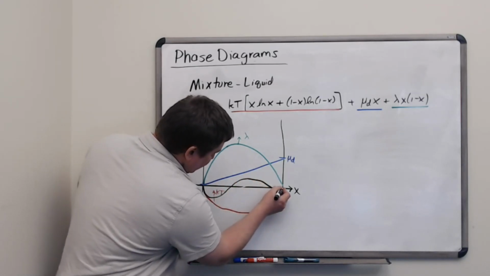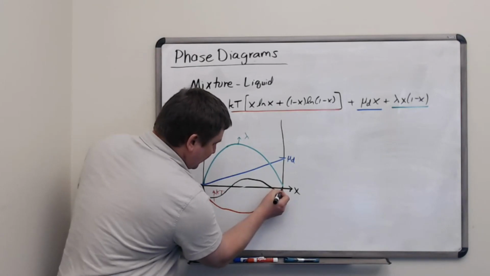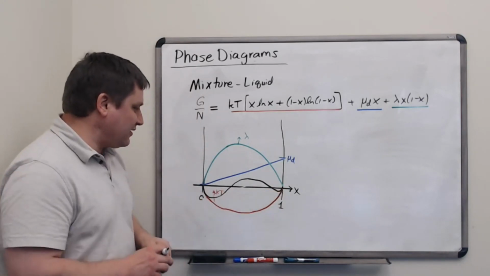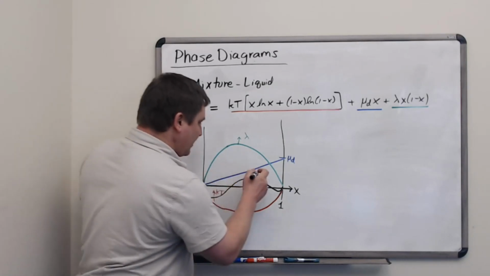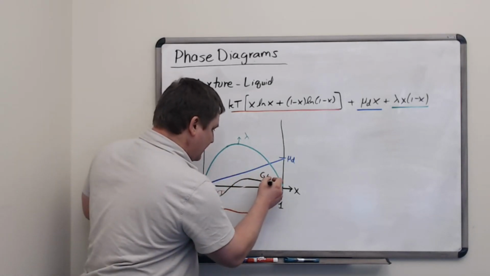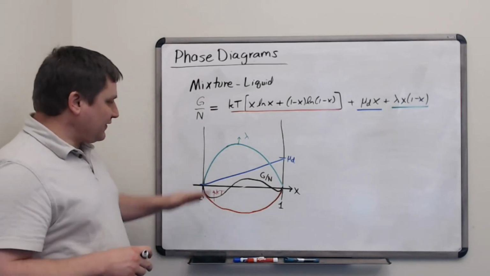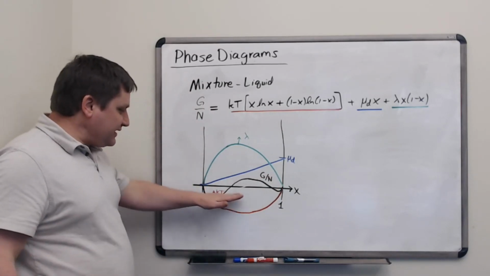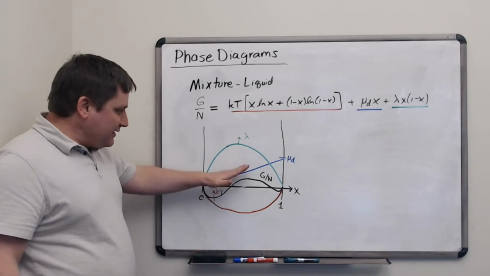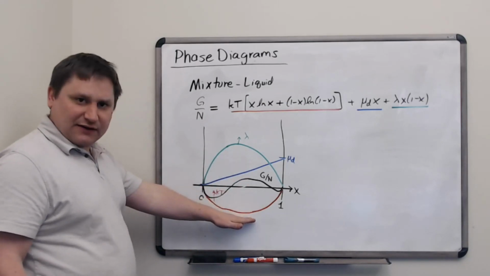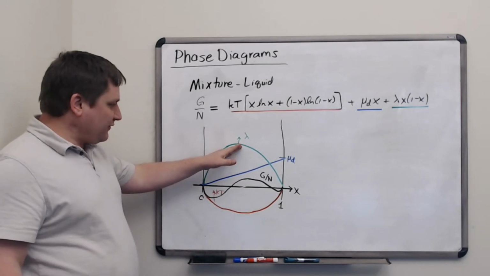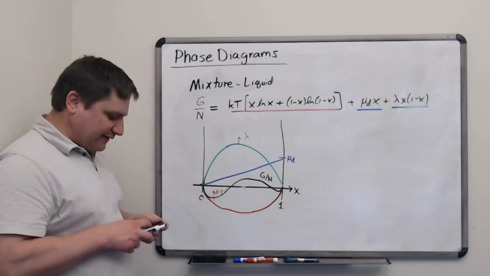And then down here and then back up. We always have this upward tick at the ends because the slope of the red curve is infinite. So this is what our G over N would look like qualitatively. Of course, as you change the temperature and the value of lambda, the shape of this might change, to be dominated to look more like the red one, or more like the green one, or somewhere in between. But that's the general idea.